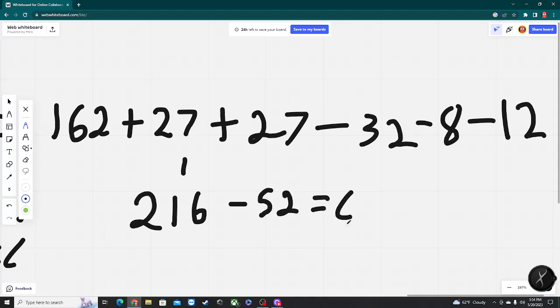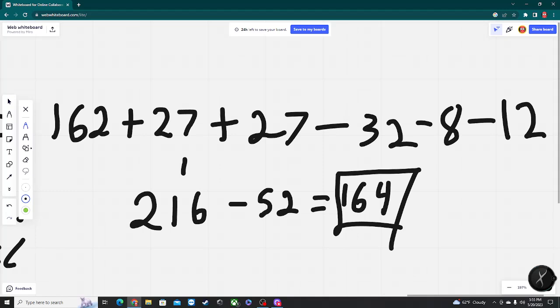Equals C. So 216 minus 52 equals 164. So let's erase this C and write 164. Yeah, that's going to be our answer for our second integral.